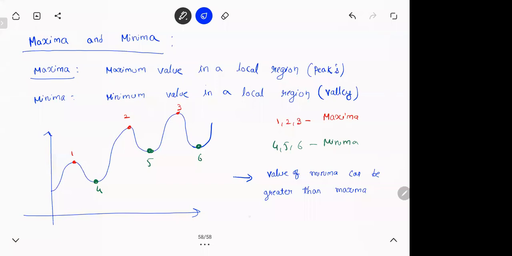So these points, the peaks and the valleys, are called critical points. Points where the slope is 0 are called critical points. Put it down here.